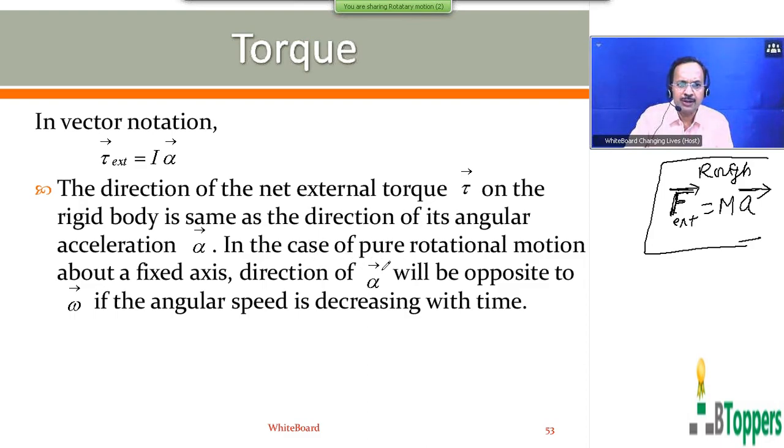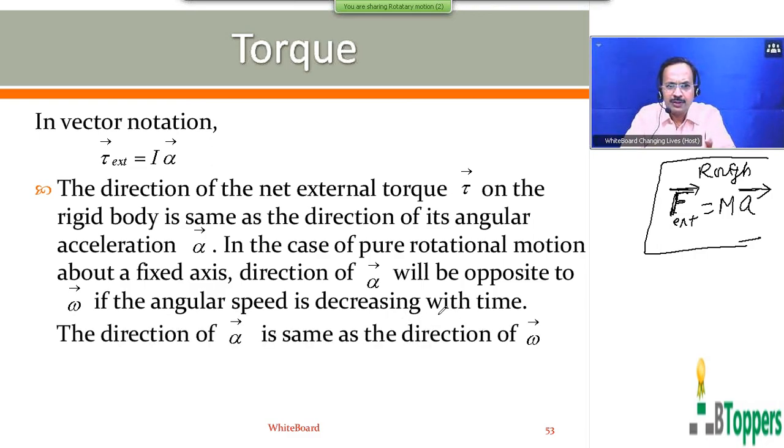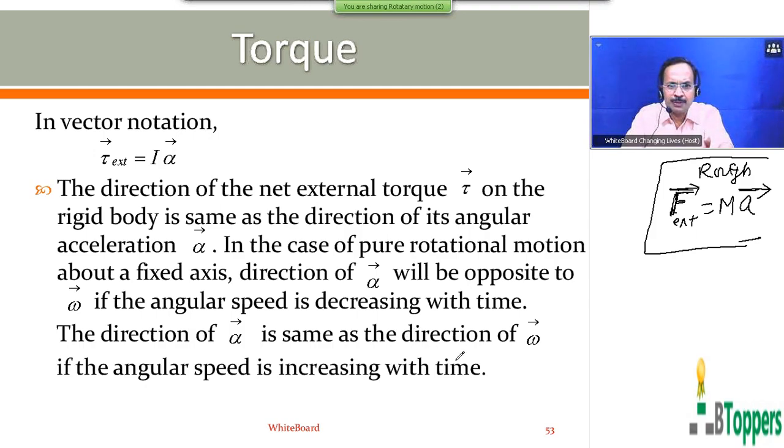So in the case of pure rotational motion about the fixed axis, direction of alpha bar will be opposite to omega bar if the angular speed is decreasing with time. The direction of alpha bar is same as the direction of omega bar if the angular speed is increasing with time. This is somewhat similar to what we discussed in pure translatory motion.